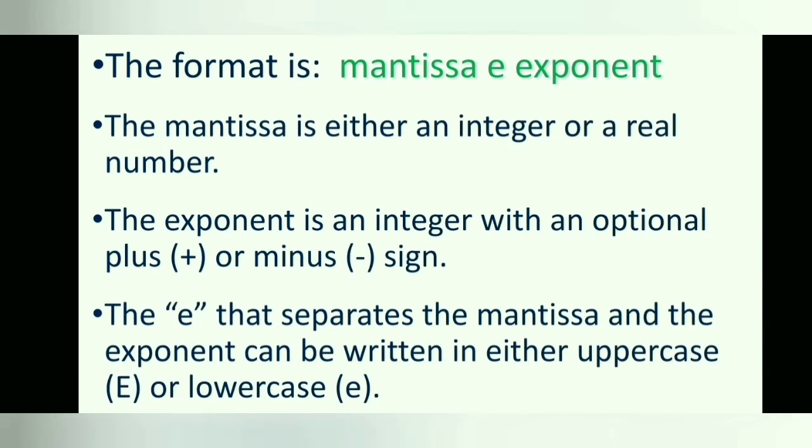The format is mantissa e exponent. The mantissa is either an integer or a real number. The exponent is an integer with an optional plus or minus sign. The e that separates the mantissa and the exponent can be written in either uppercase or lowercase.